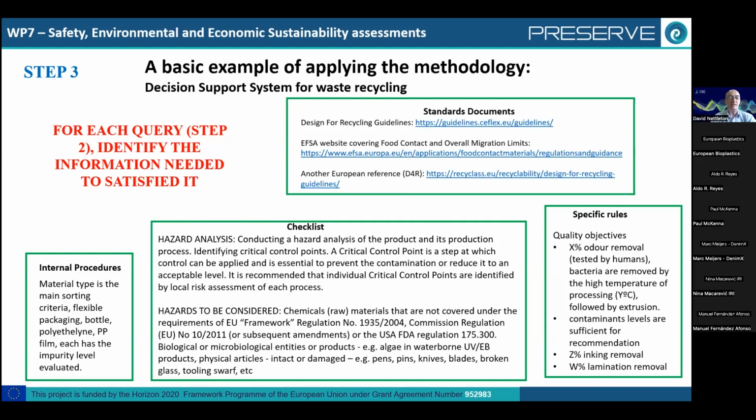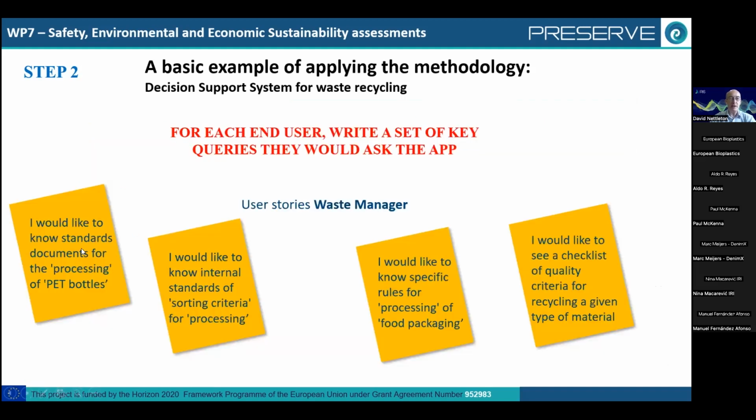So key websites in which standards documents could be found. Also, maybe there's ISO or specific country standards, but this would be more specific for food waste recycling. So that would be the information, the databases or online repositories for the first user story.